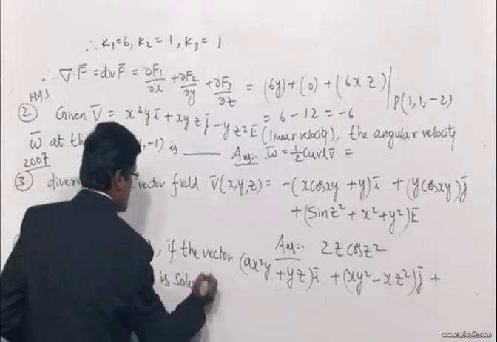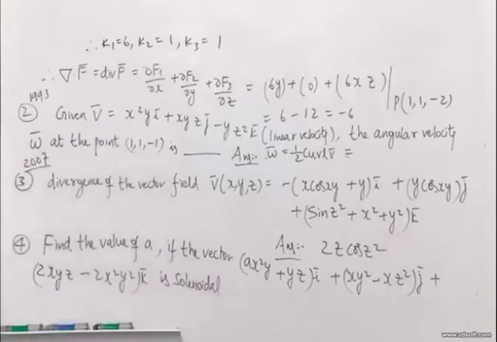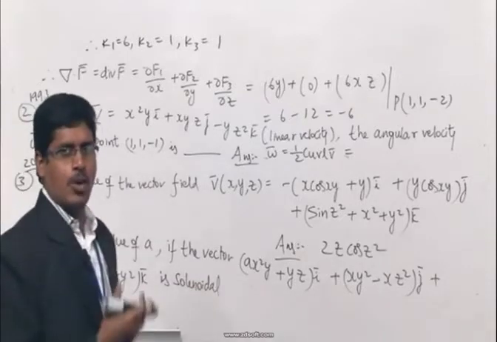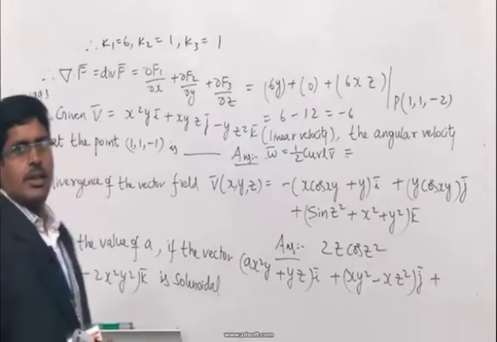Irrotational means curl is equal to 0 bar. Solenoidal means divergence equal to 0. In both cases, you denote the i bar, j bar, k bar coefficients by f1, f2, f3.